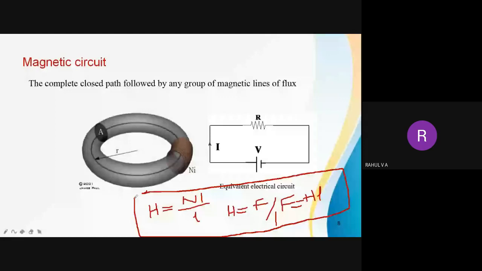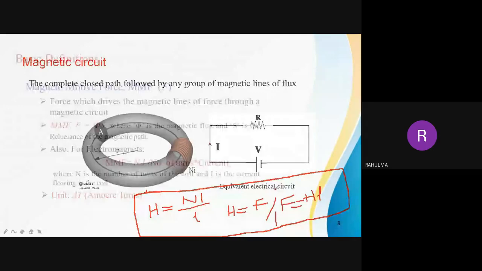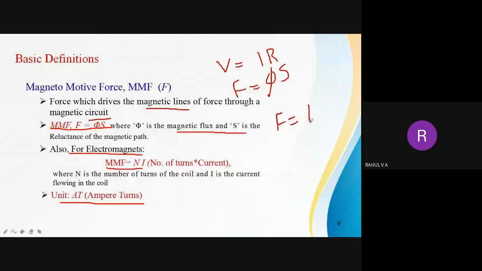H is equal to the MMF per unit length, so H is equal to Ni divided by L. So we get another equation for MMF, that is F is equal to H into L. When we learned about magnetic field strength, we learned H is MMF per unit length.